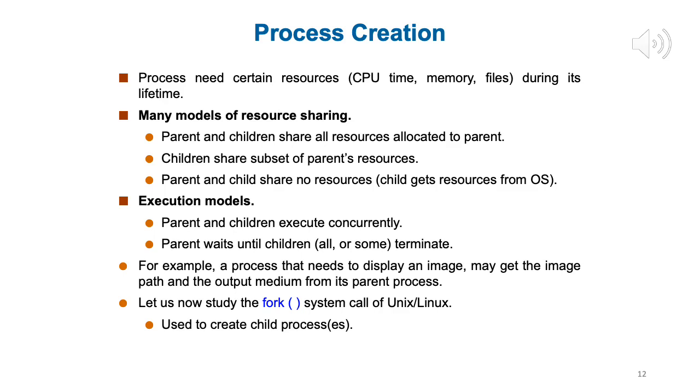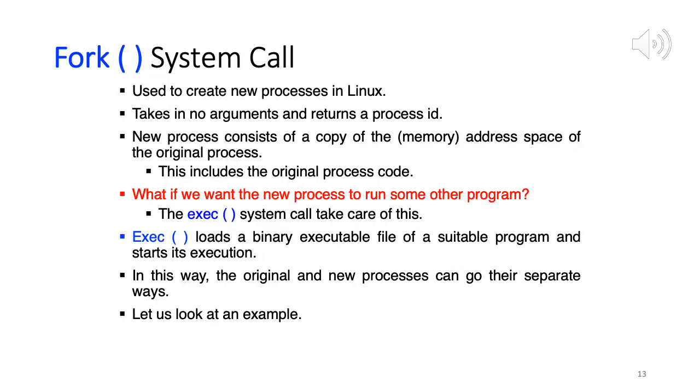We will just be handling the API, the function. So we need to know about this fork function. Does it have any arguments? How do we call it? And what is this function going to return, both in case of successful execution and also in the case of unsuccessful execution. So let us now learn about the fork system call.